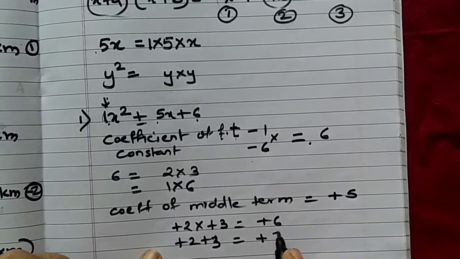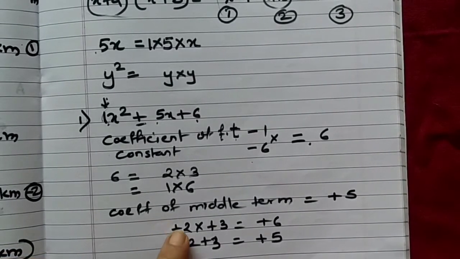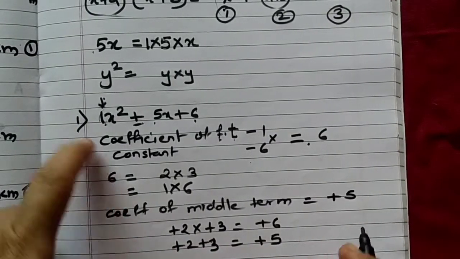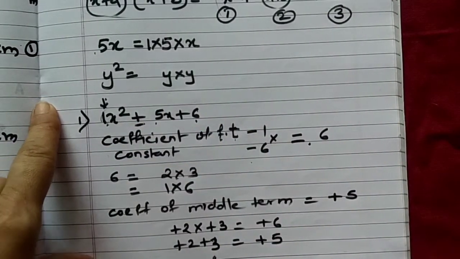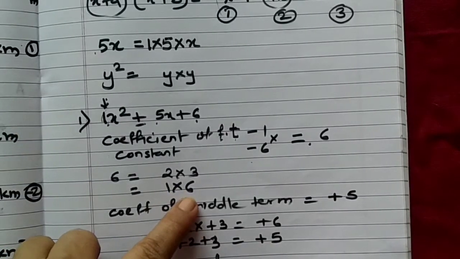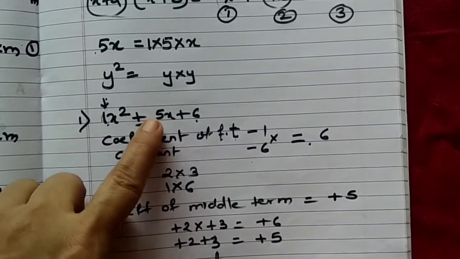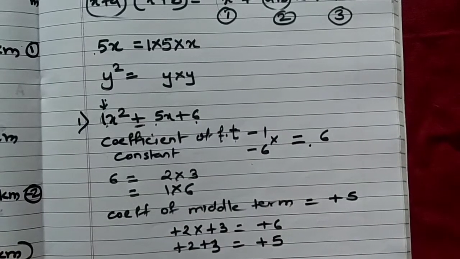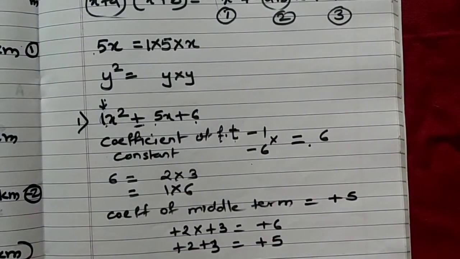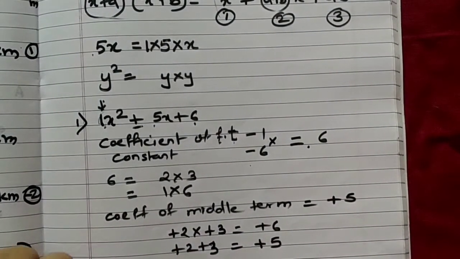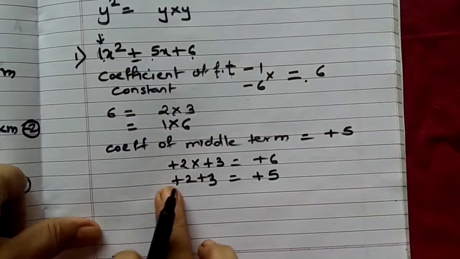That will be plus 5. So our factors for this expression will be 2 and 3. It will not be 1 and 6. When we get the 1 and 6 factors, I'll do one more sum where we take those factors as 1 and 6. Now here we have to take the factors as 2 and 3.